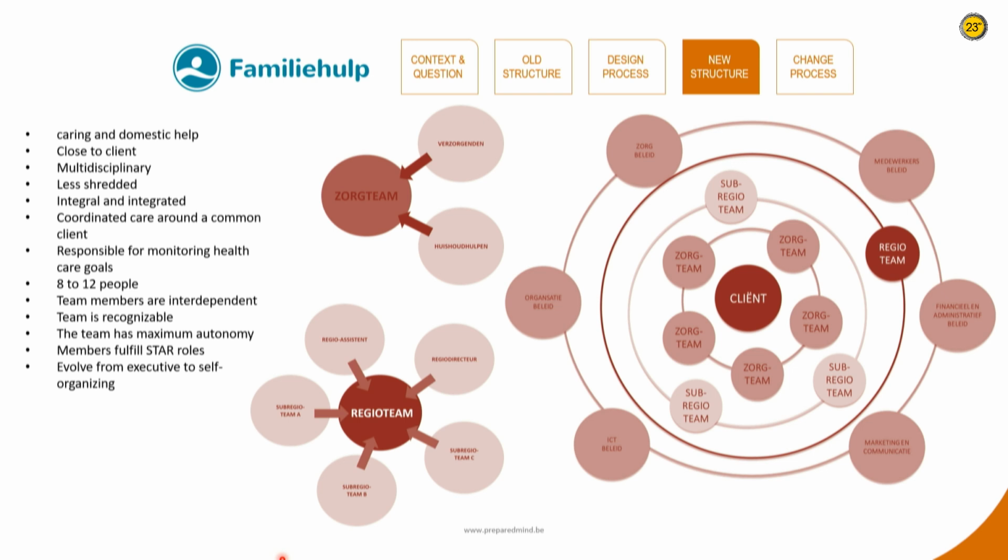You see the client is centered, we give caring and domestic help close to the client. There are multidisciplinary teams around the client, less shredded, it's integral and also integrated, and the coordinated care is around the common client, responsible for monitoring healthcare goals. The ideal is 8 to 12 people.